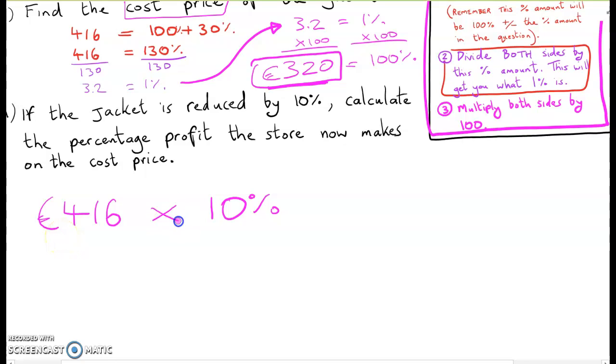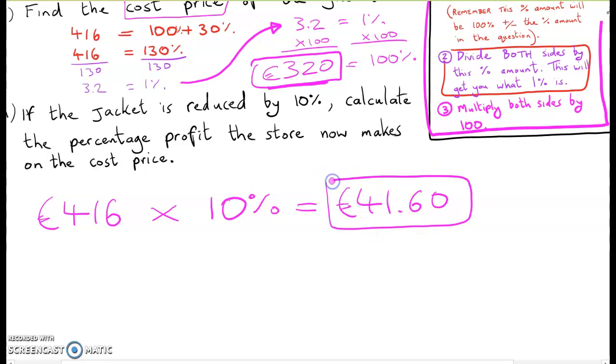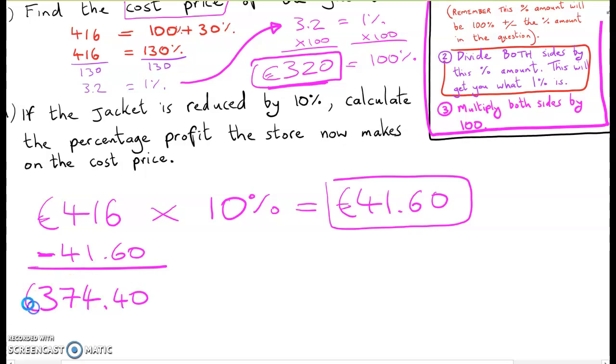So let's multiply by 10% first. That gives you €41.60. They're going to reduce the jacket by that much. So let's take away €41.60 from 416. And you get €374.40.